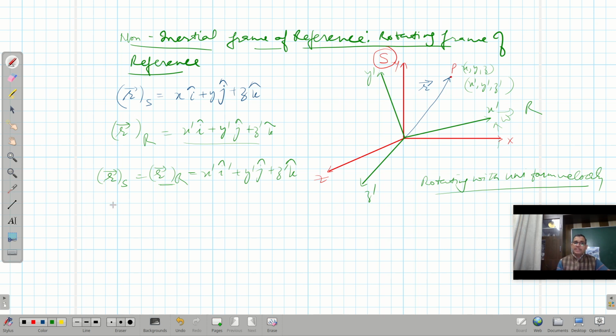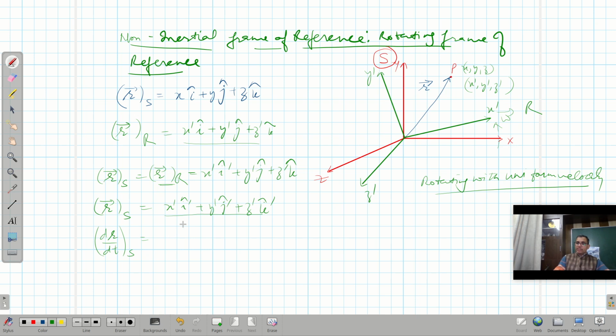So that means I can say that this r vector in S frame is also equal to x prime i cap, y prime j cap and z prime k cap also. It's a primed summation, right? So let us take the derivative of both sides. So it is dr over dt in S frame is equal to, and what about its derivative?